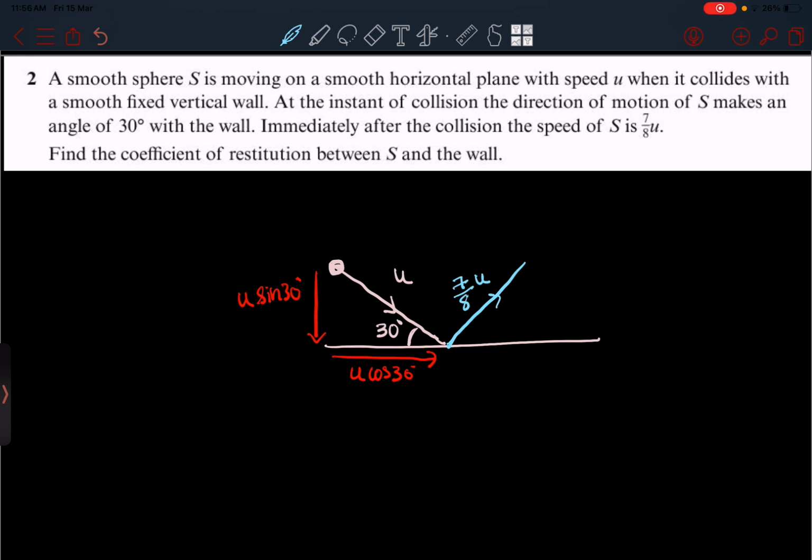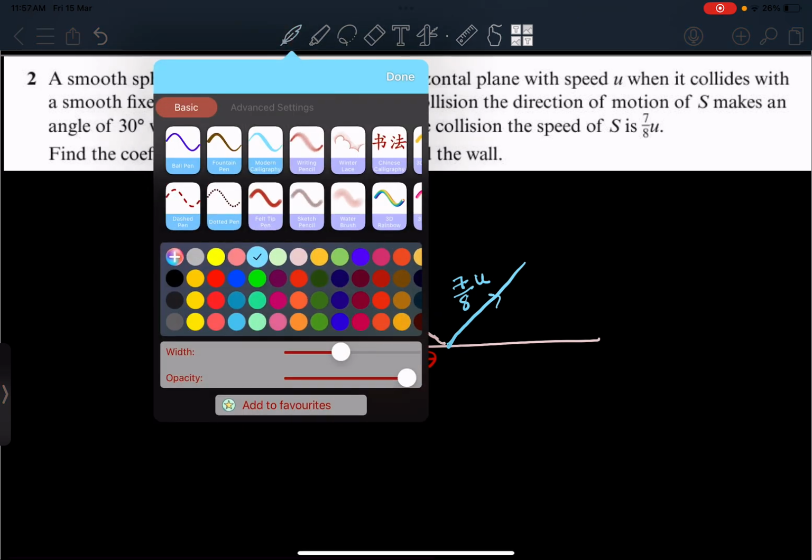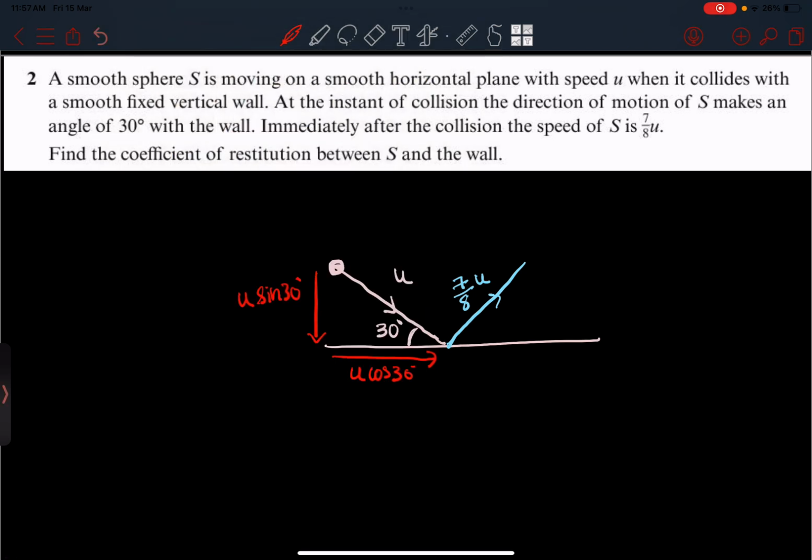Right, so in this question, because it is about finding the coefficient of restitution, the first thing that we know is we can figure out what is the horizontal component here. Because this is u cosine 30, we know that this would also be u cosine 30. So that is one thing that we know.